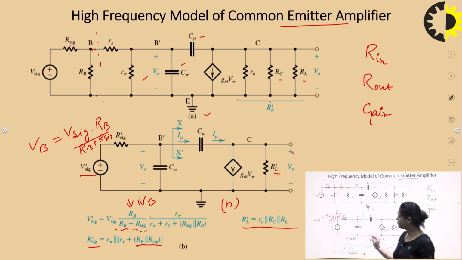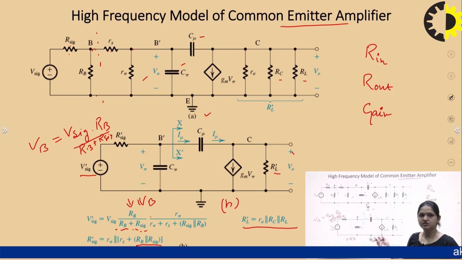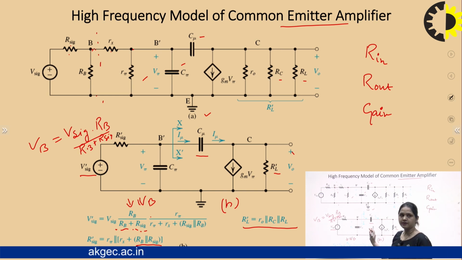If we want to calculate R in, R out and gain, we have seen in the mid-band analysis that the input and output sides are isolated in the pi model. But in this case, there is a capacitance C mu connected between base and collector, also known as the bridging capacitor. The problem is that C mu is connected at the input side as well as the output side.